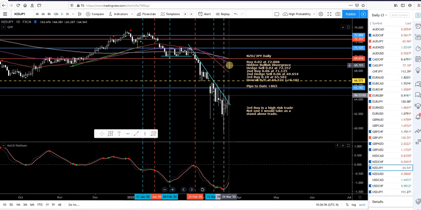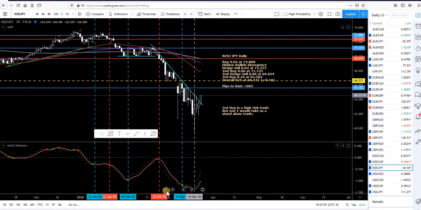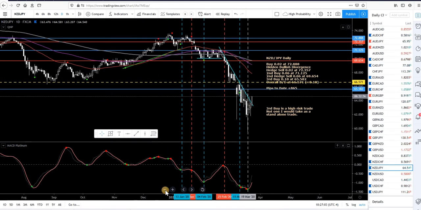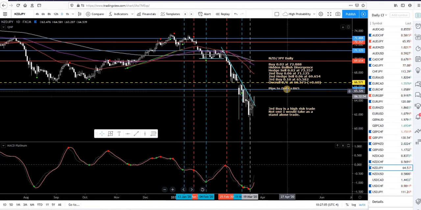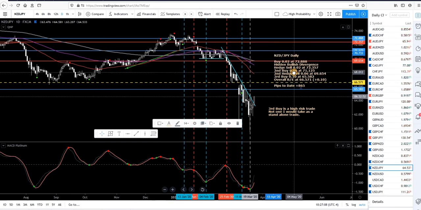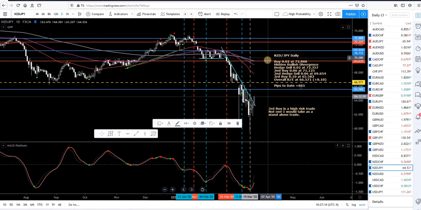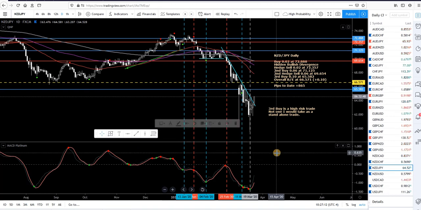You can see the trend's down now. But there, that's the plan. It's still a valid buy signal there. Yeah, it might even pop up a lot higher tonight, who knows.